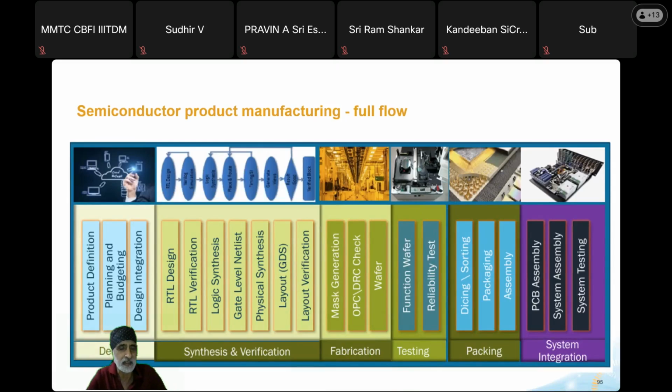It starts with the definition of the product, freezing the technical specifications, and then design. Design is done in various stages, various steps, and it takes more time. After the design, the designer will give some information in a particular format, which we call GDS. So that is a tape out.